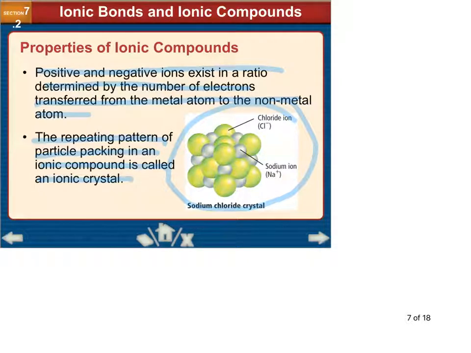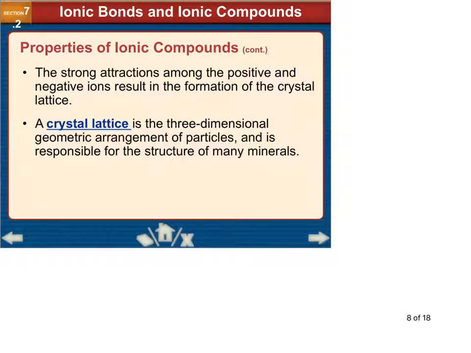In this case, we get a little cubic crystal. In this crystal, we call a crystal lattice, a three-dimensional geometric arrangement of particles, and it's what results in the structure of many minerals. And what causes this is a strong attraction between the positive and negative ions.